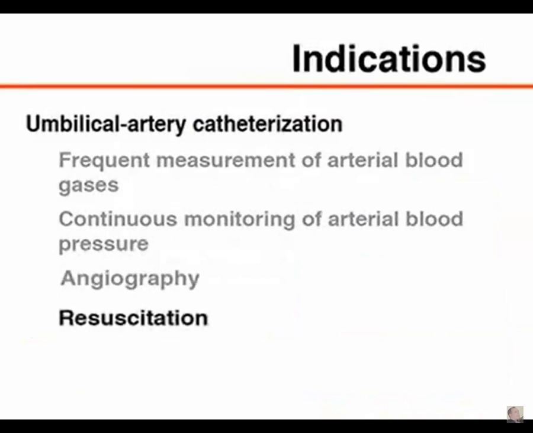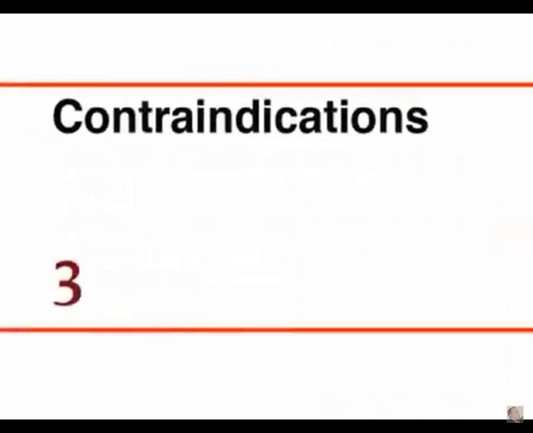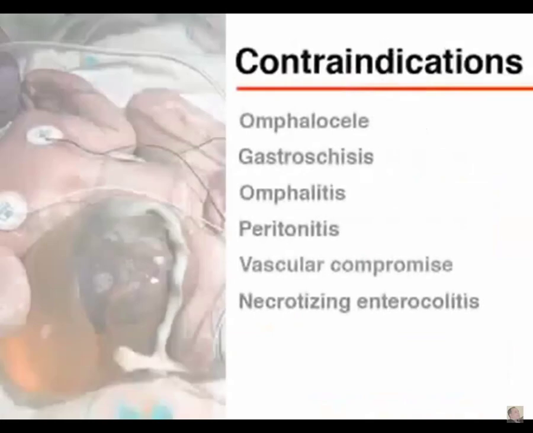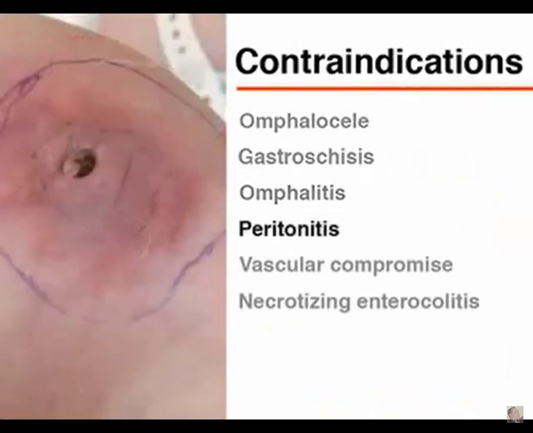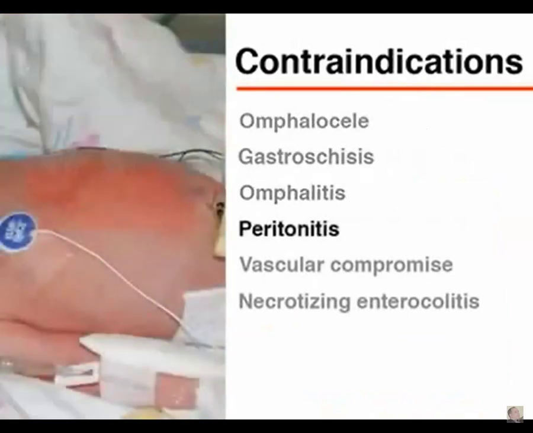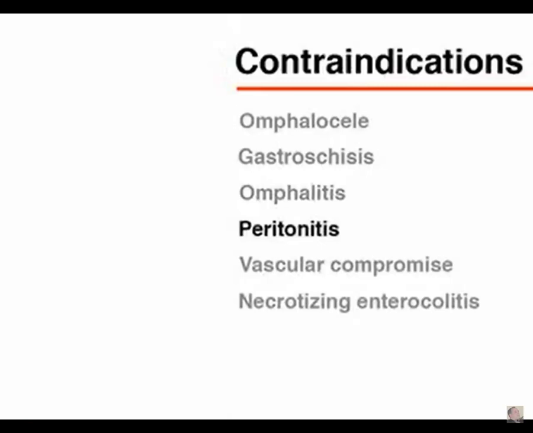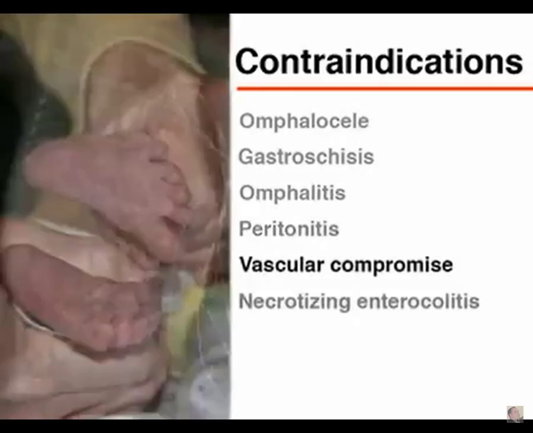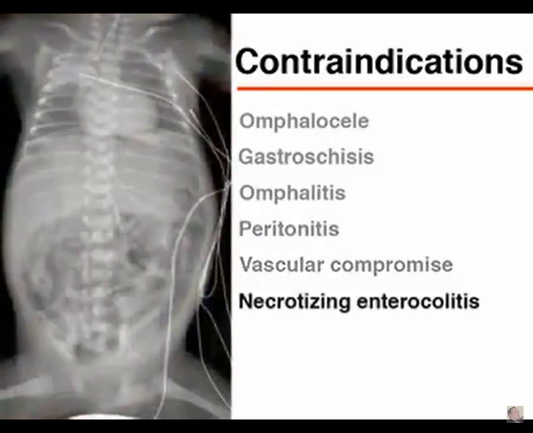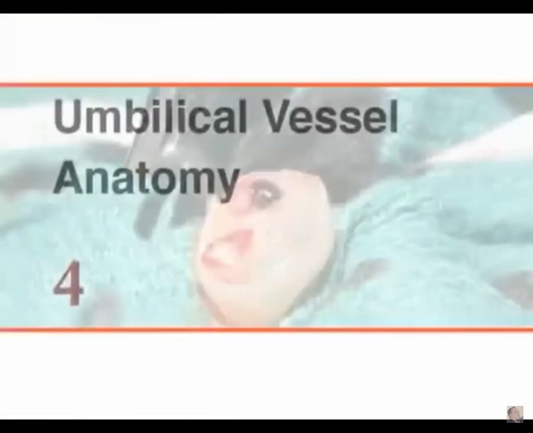The umbilical vein is considered the optimal vessel in this situation. The contraindications are similar for both vessels and include omphalocele, gastroschisis, omphalitis, and peritonitis. In umbilical artery catheterization, evidence of vascular compromise in the lower limbs or buttocks and necrotizing enterocolitis are considered additional relative contraindications.